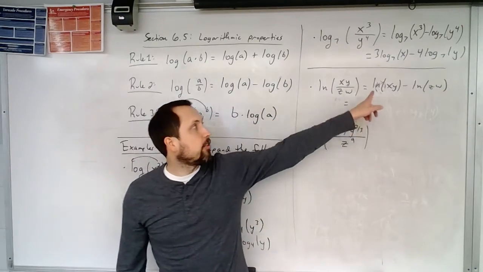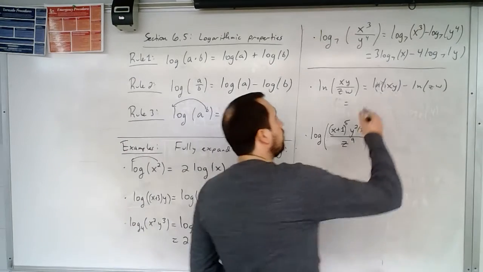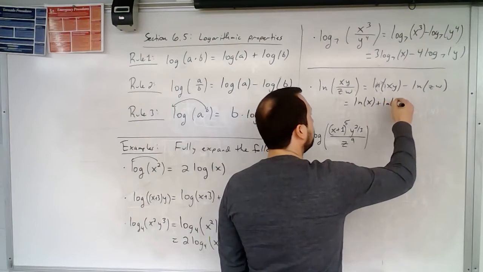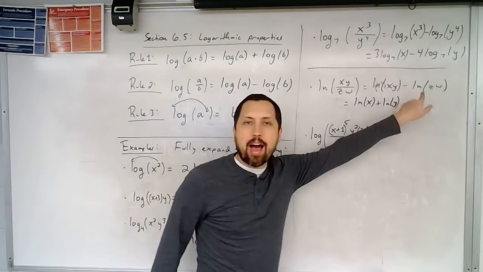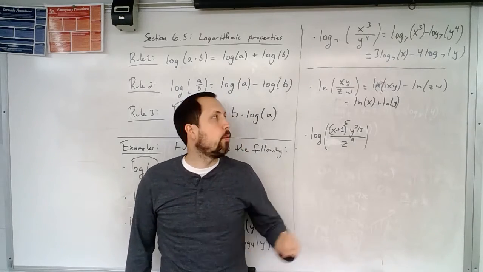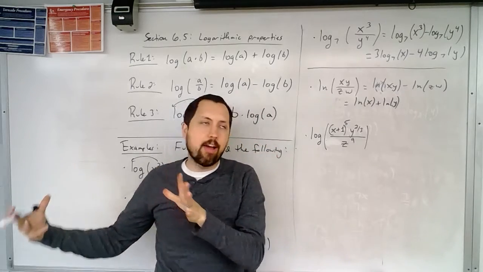Now I have multiplication on the inside. I have to separate that with addition on the outside. So here I get natural log of x plus natural log of y. Now I have a minus in front. We have to use parentheses. Whenever you have a number or a minus, that will need to be distributed to everybody.